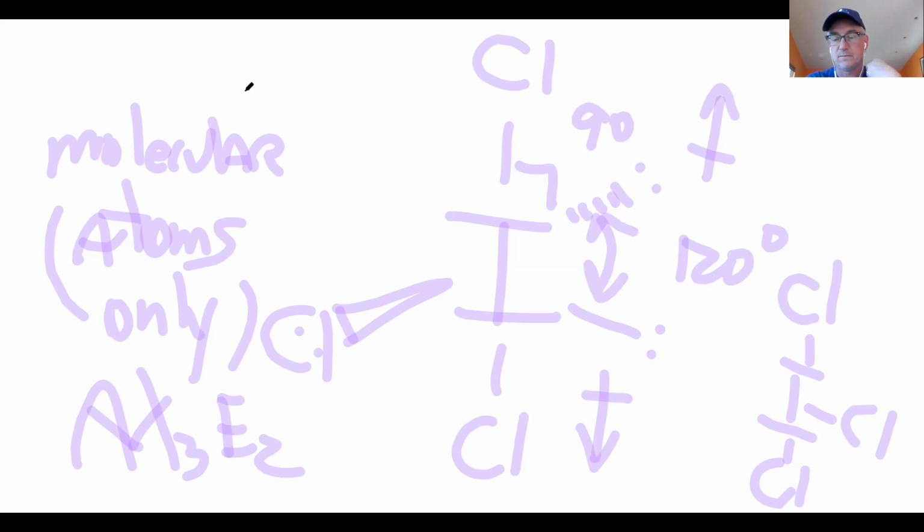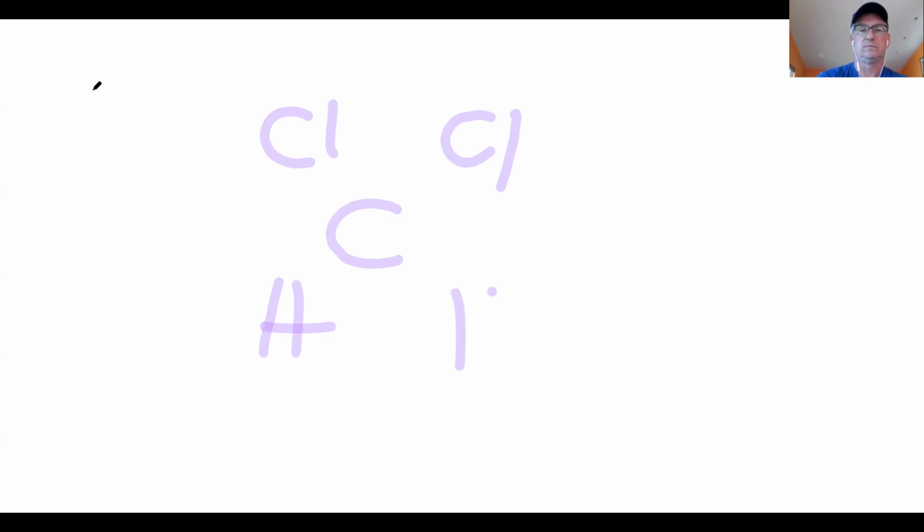Is there a pattern or any quick way to figure out if it's polar or non-polar, or do you have to draw it every single time? Basically, if it's symmetrical, it's going to be non-polar. I mean symmetrical in every way. So for instance, if I have this, it is not going to be symmetrical, because I have hydrogens on one side and chlorines on the other.